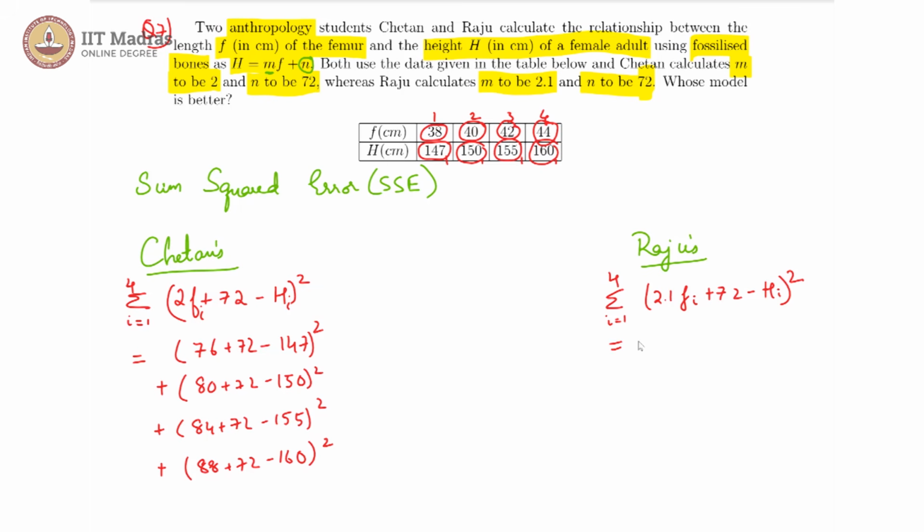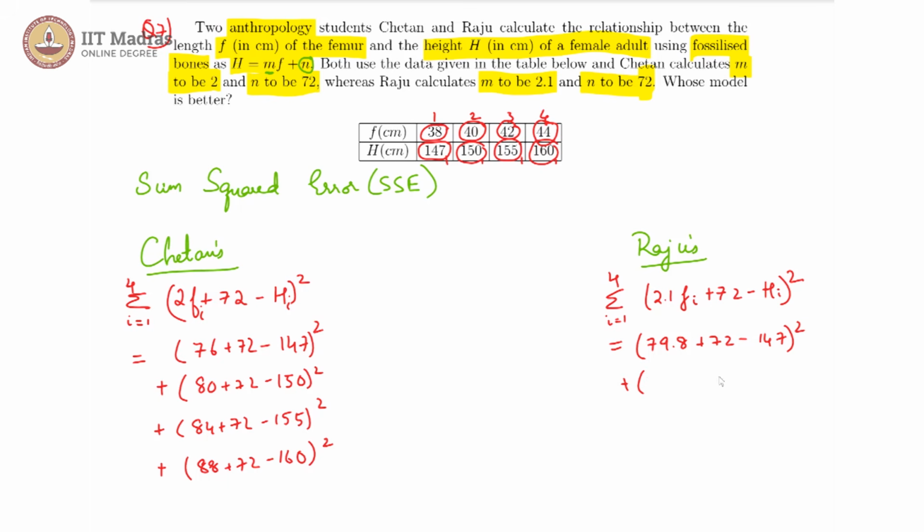Whereas in case of Raju, we would get 2.1 times the same thing. So 2.1 times 38 is 79.8 plus 72 minus 147 the whole square.